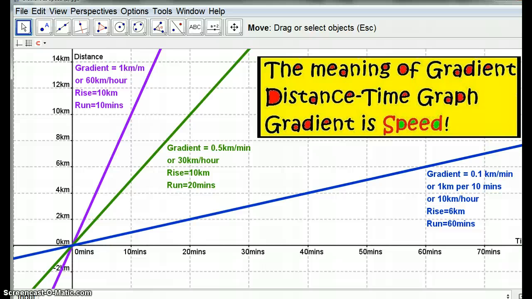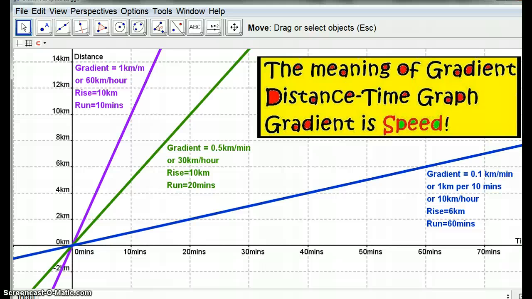Okay? Now, in different contexts, that can be different things.